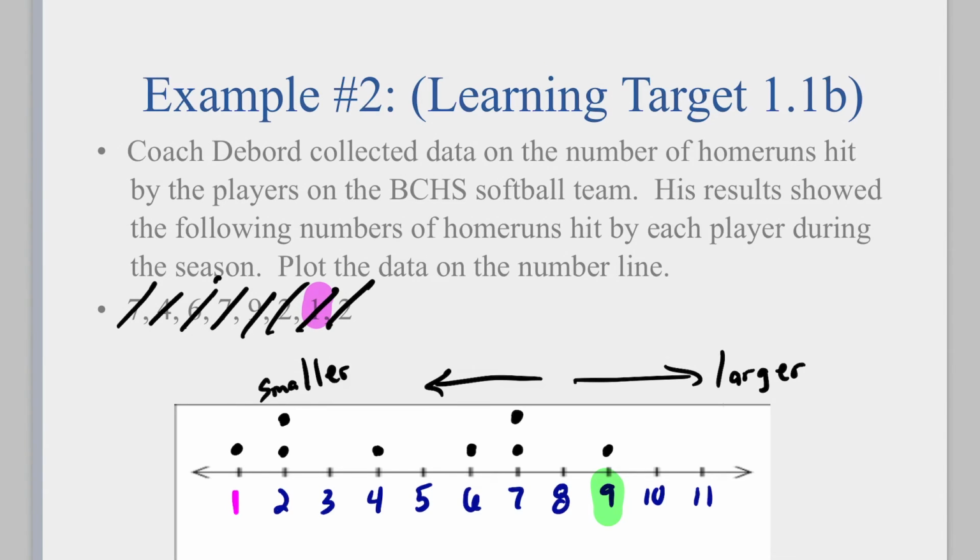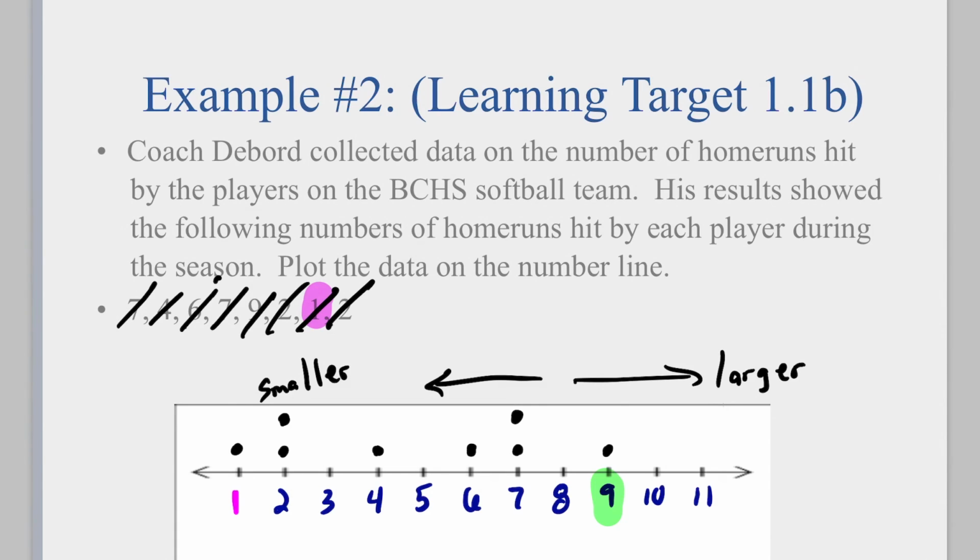And I'm going to go back and double check to make sure that I have accounted for all my numbers. So if I go back and count, I have 1, 2, 3, 4, 5, 6, 7, 8 numbers in the data set. I should have 8 dots on the number line. Please, whenever you are plotting data on a number line, go back and double check to make sure you have all the dots. So I have 1, 2, 3, 4, 5, 6, 7, 8 dots.